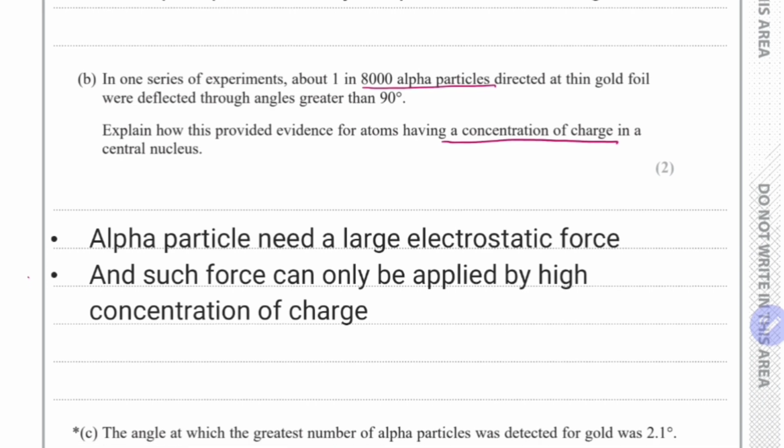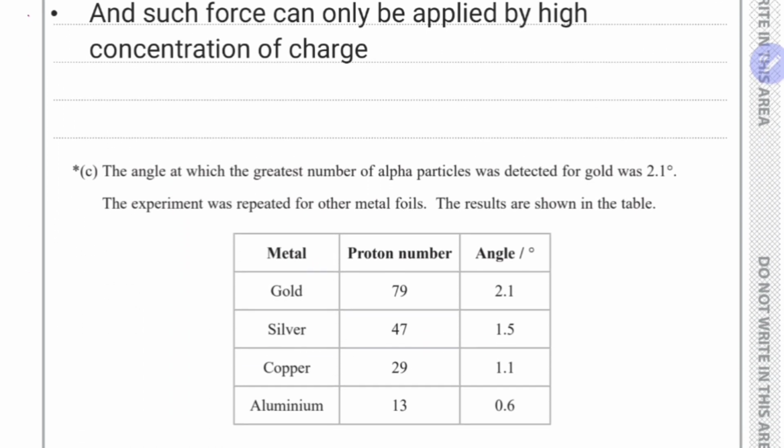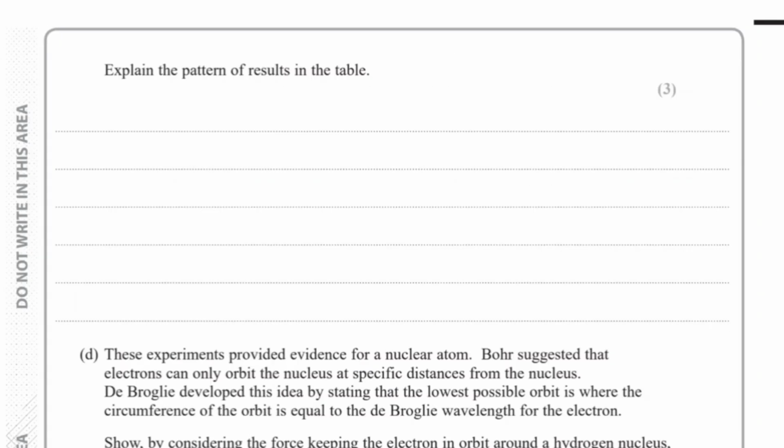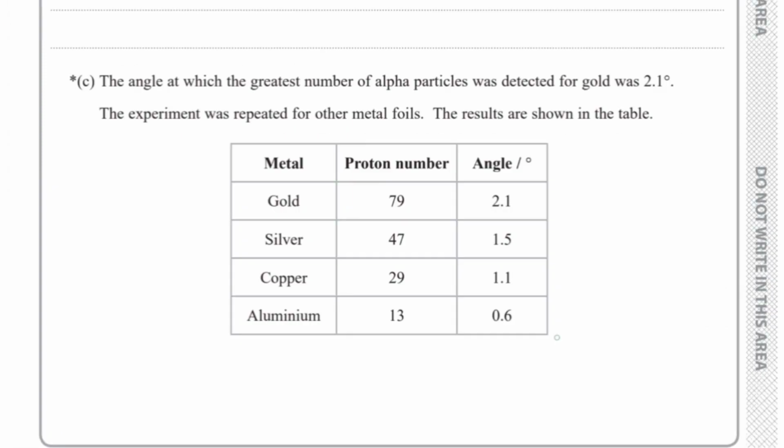Next one. The angle at which the greatest number of alpha particles was detected for gold was 2.1. The experiment was repeated for other metal foils. The results are shown in the table. Explain the pattern of the table. So as we can see here, the angle is increasing slowly, and so does the proton number.